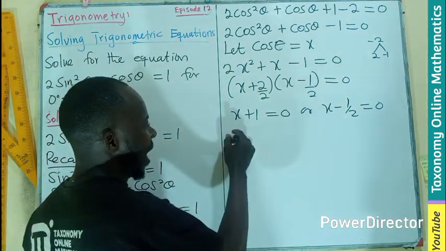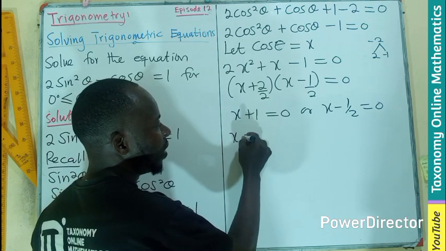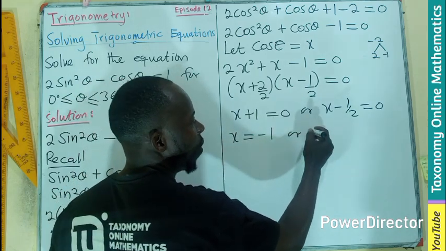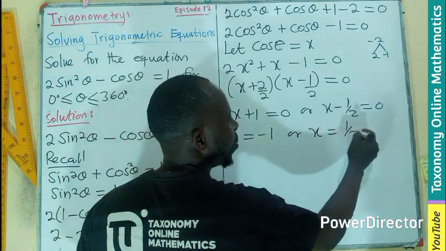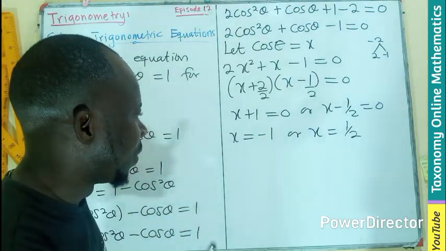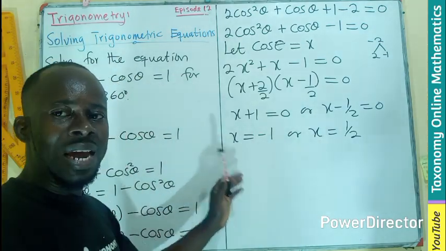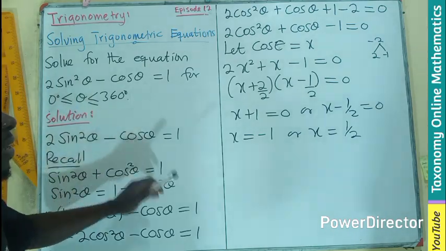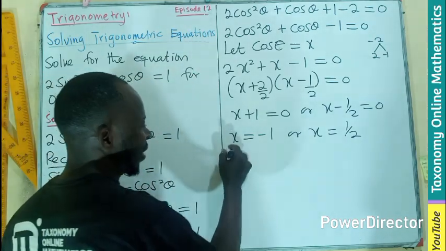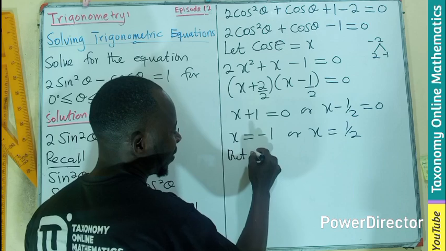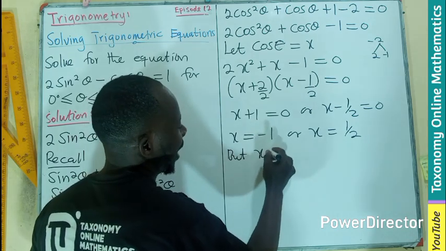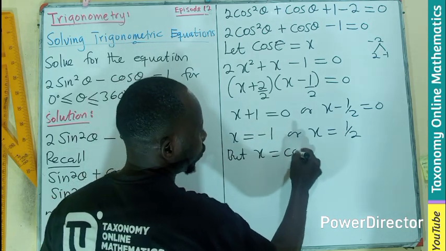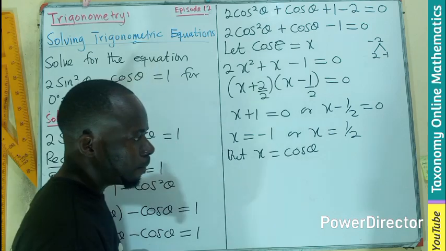So when I transpose this, I get x equals -1, or x equals positive half. Remember, the x we are looking at here is not what we are looking for in the question. By substitution, x equals cos theta.